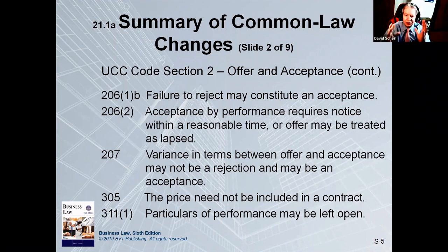The terms of the contract must directly meet the terms of the acceptance, mirror image rule. Key point here is the UCC does not require the mirror image rule. Again, not necessarily a great way to do business, but it means the contract may be enforceable even if it's not a mirror image acceptance. So watch out for that.